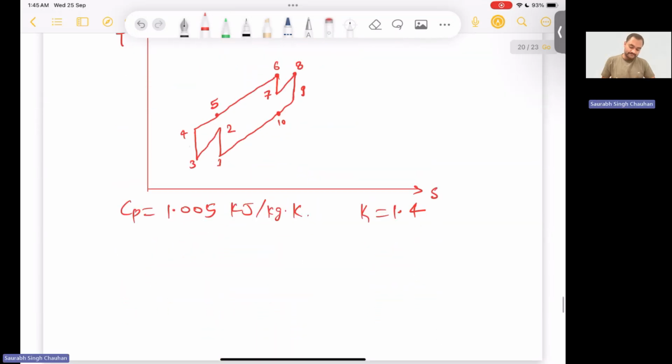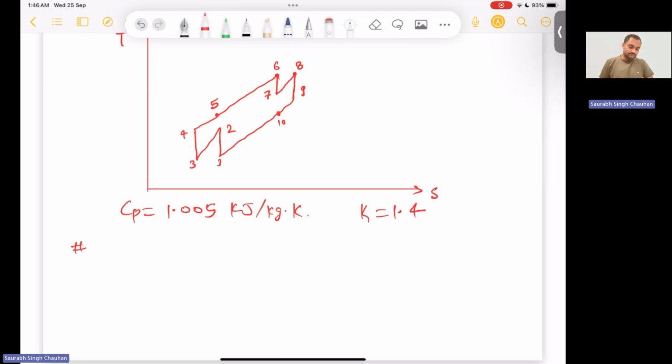One more point: since the inlet conditions of both compressors are the same, and the compression ratio is the same, the efficiency and everything else is the same.